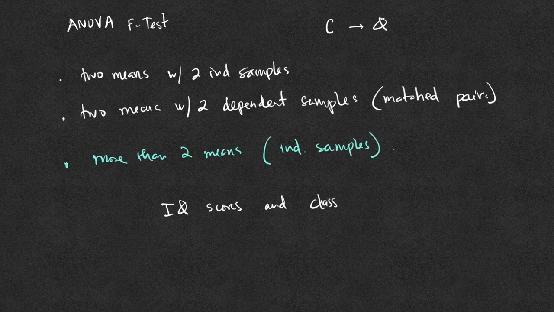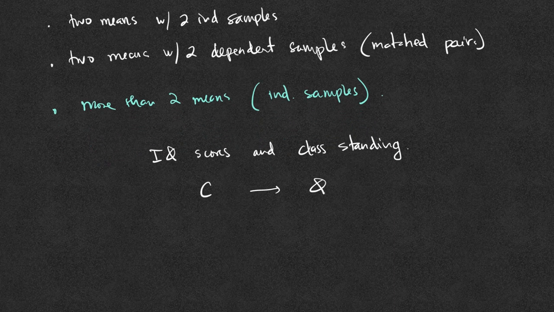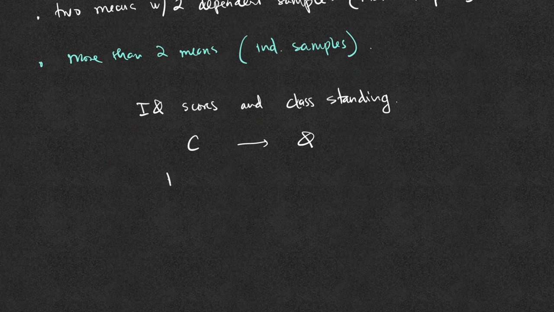For example, if we want to know whether seniors in college are smarter, do they have a higher IQ score than freshmen? Then this is a categorical to quantitative variable situation, because the categorical variable is the class standing, which consists of freshman, sophomore, junior, and senior. And the response variable is the IQ score.